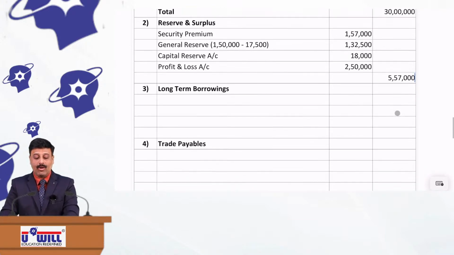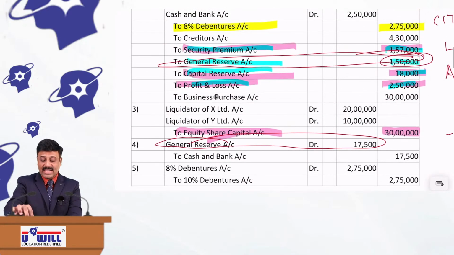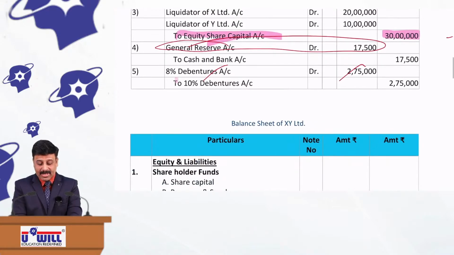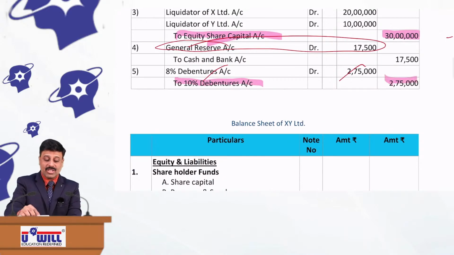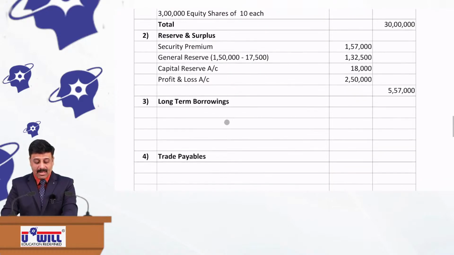Yes. Now long-term borrowings. What will long-term borrowings include? From the journal entries, debentures. Now the 8% debentures account is already closed over here in the last entry. Now in the new company, against 8% debentures, what we have given is 10% debentures of 2,75,000. So these new debentures will come in the balance sheet.